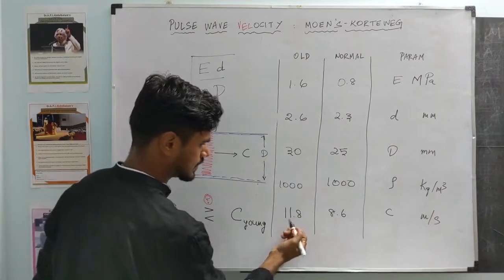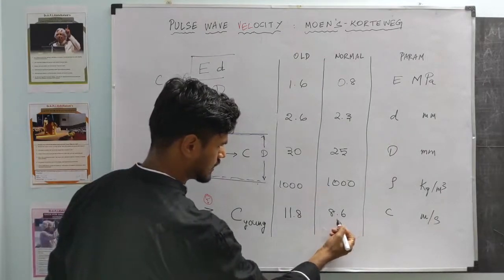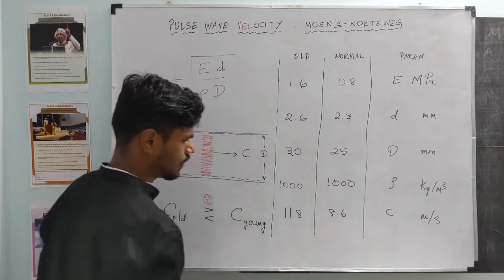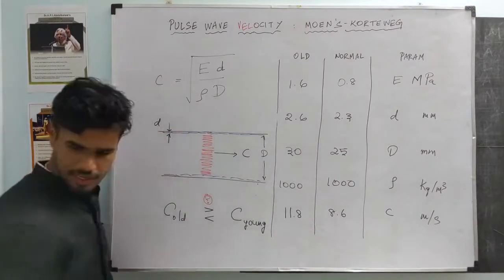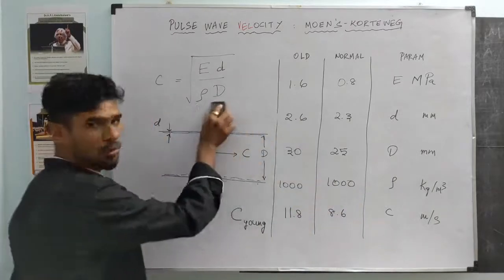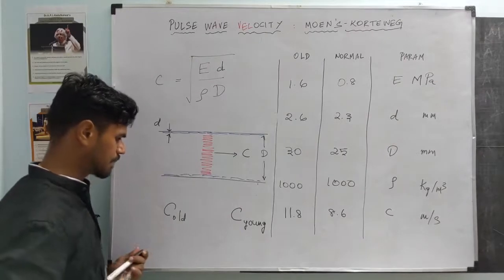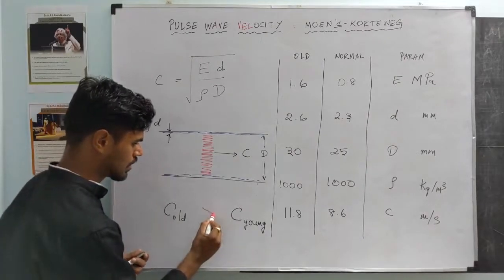What we get is that pulse wave velocity is higher in older people. So the correct relationship here, at least by the Moens-Korteweg formula, is that pulse wave velocity is going to be higher.